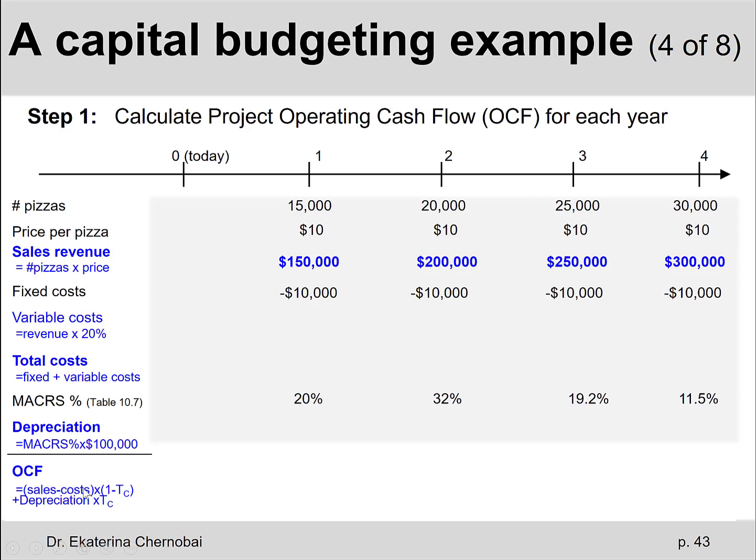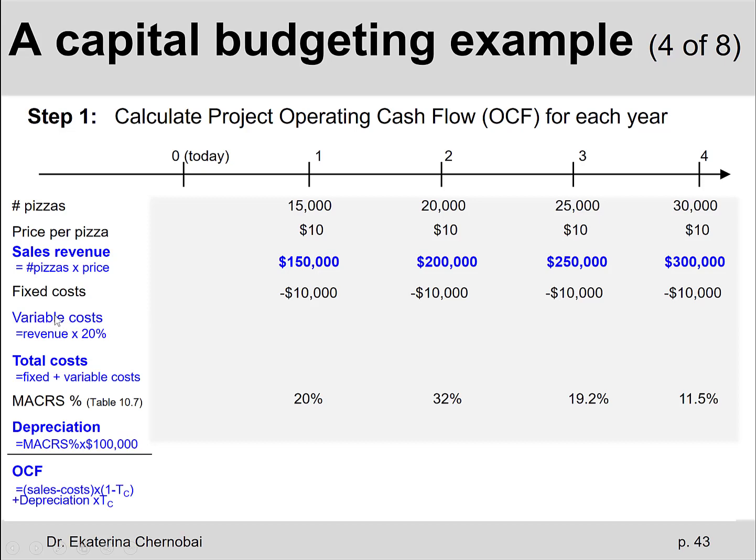Costs. That's production costs. You can also call it costs of goods sold, COGS. That's what's commonly found in an income statement. Costs here include fixed costs, which are given $10,000 per year, and variable costs.